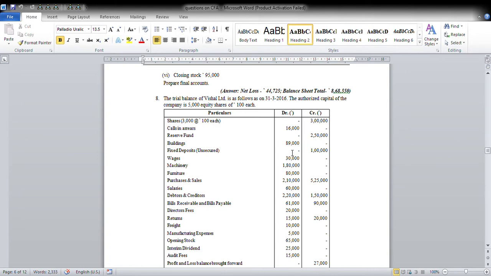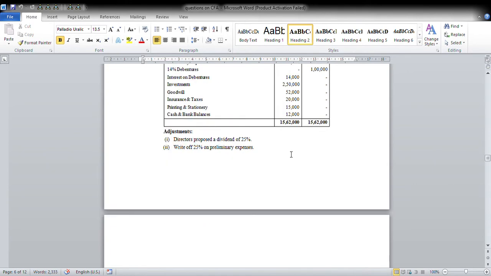The percentage of dividends is always to be calculated on the paid up capital. So on 2,84,000, the 25% is going to be 71,000. That means the directors have decided to pay dividends of 71,000 to the equity shareholders.